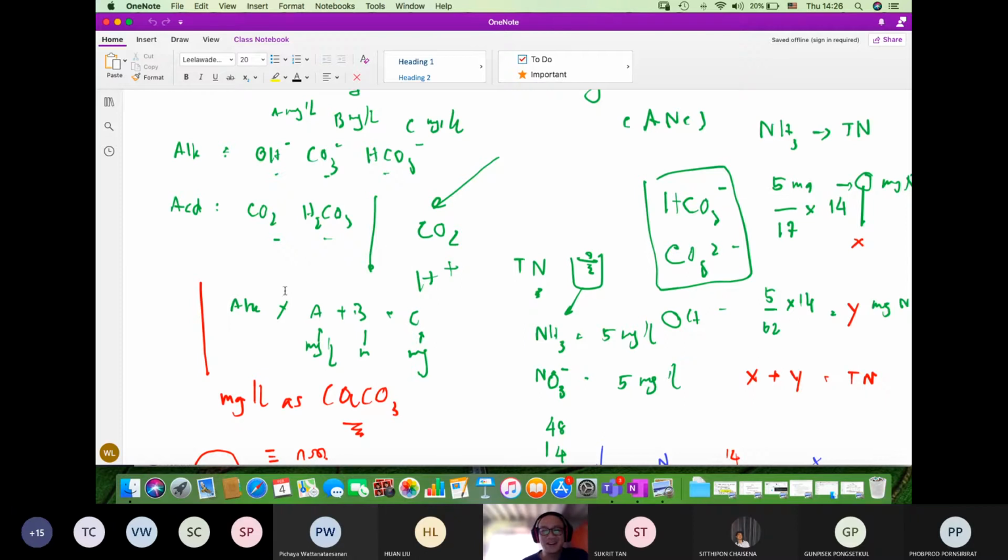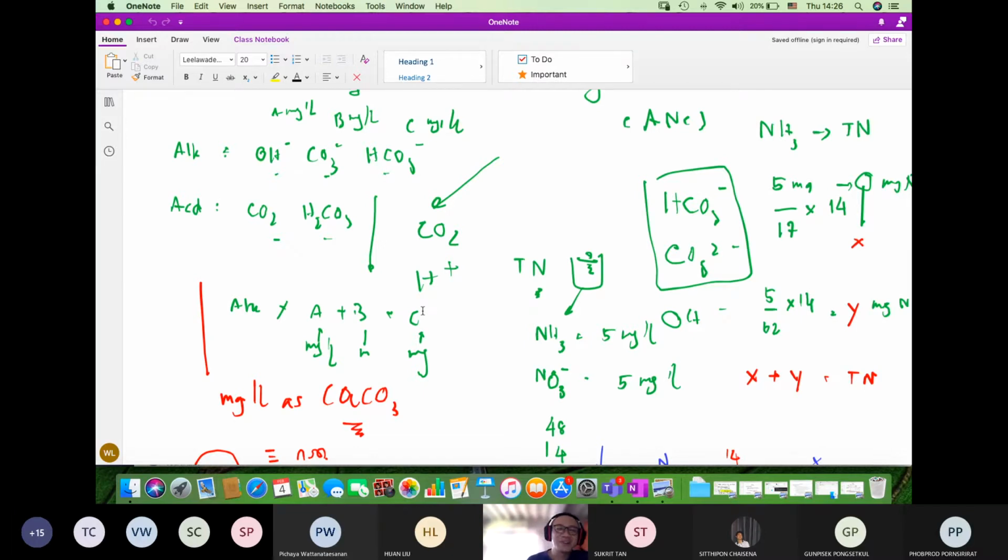A milligrams per liter is milligrams with respect to A. B milligrams per liter is milligrams with respect to B. C milligrams per liter is milligrams with respect to C. So they are not the same unit, and we need to convert them into the same unit, with respect to something.